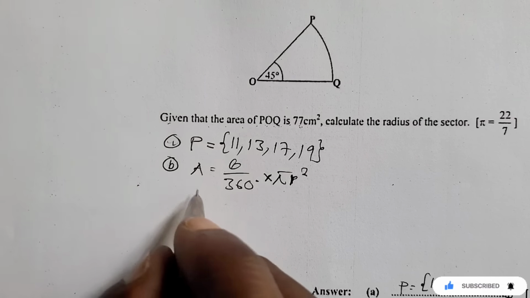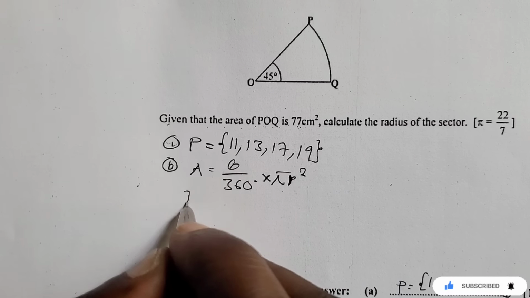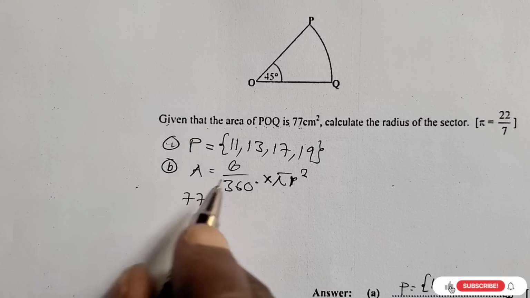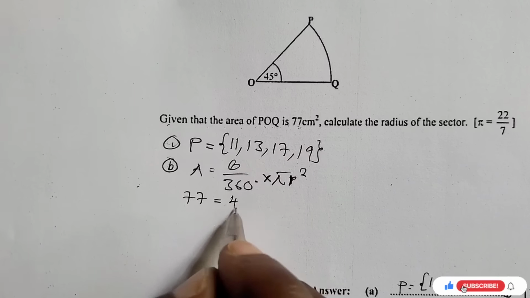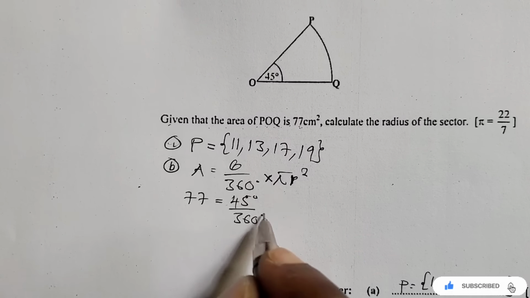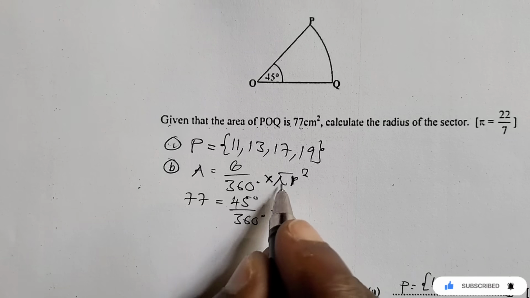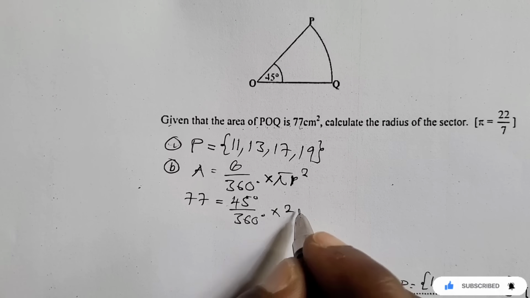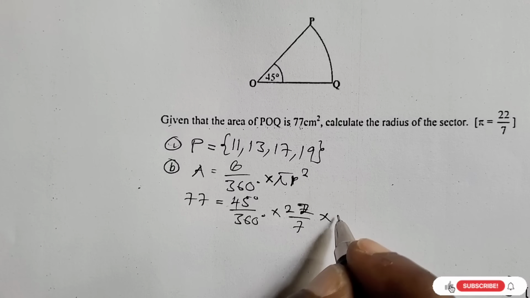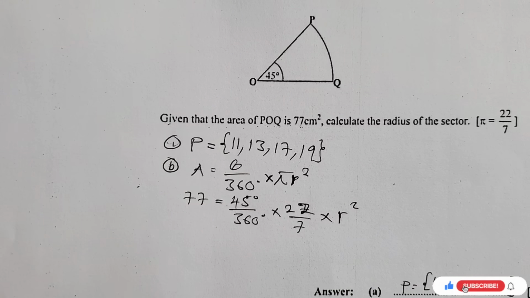So area is 77, so 77 is equal to theta, which is 45 degrees, over 360 degrees, times pi, we are given 22 over 7, so we write 22 over 7 times r squared, radius squared.